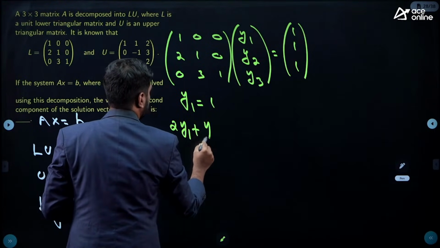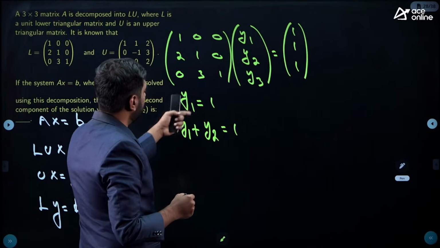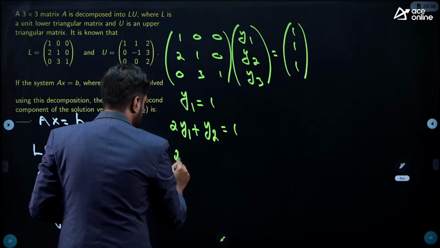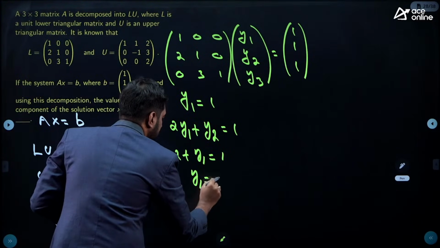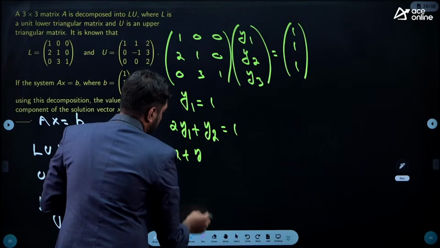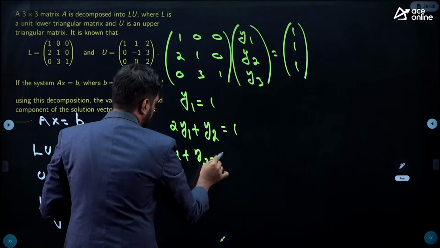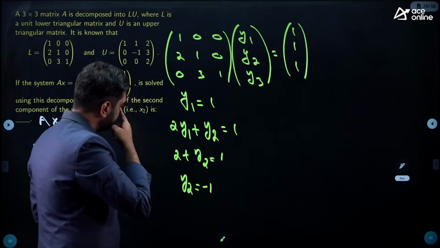It is 2y1 plus y2 equal to 1. But we already have the value of y1. So this is 2 plus y2 equal to 1. So from this I get the value of y2 as minus 1.